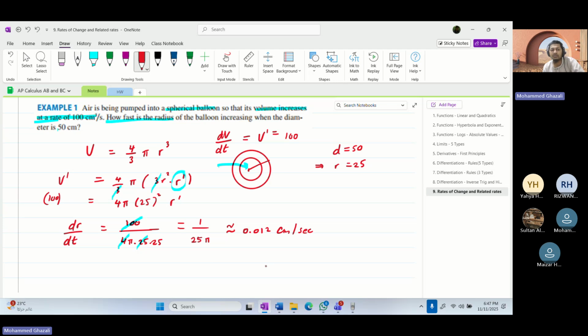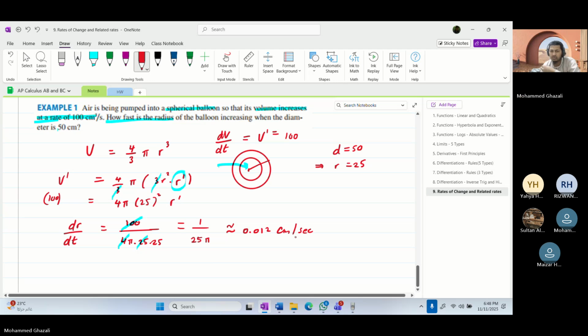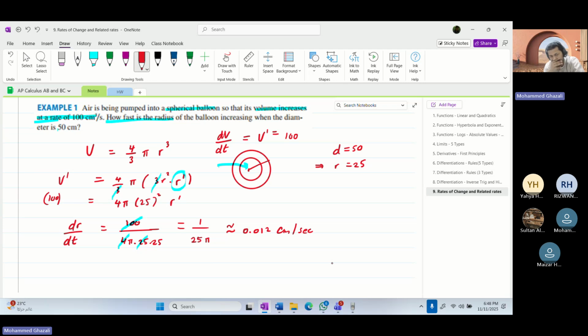That's what's happening. That's how the radius is increasing every second as you are pumping air into the balloon. When you're pumping air into the balloon, there's a volume of air going through every second, and that's how much the volume is increasing by.